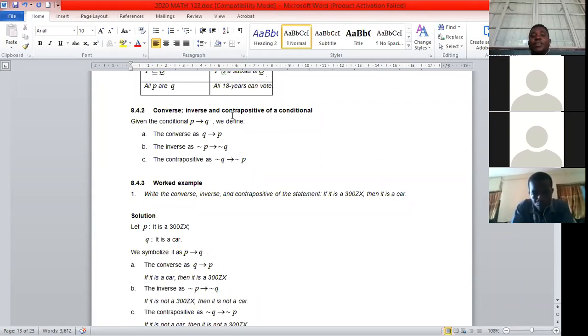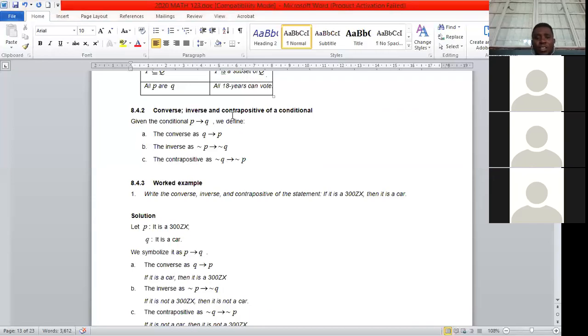So you use the conditional either in the sense of converse, or inverse, or contrapositive. So for example, I might ask you to write the converse, the inverse, and the contrapositive of a statement.